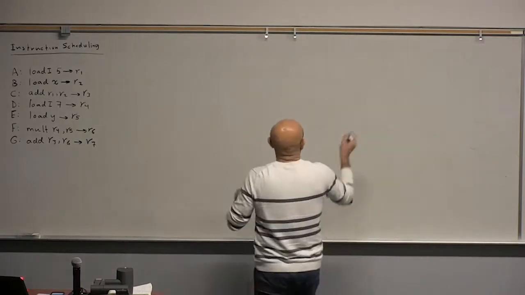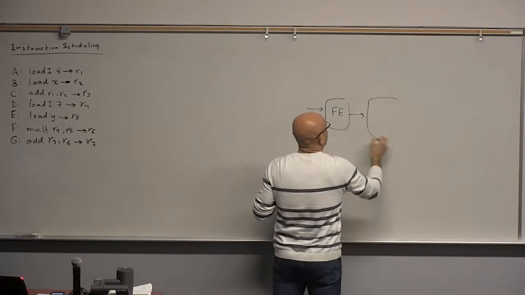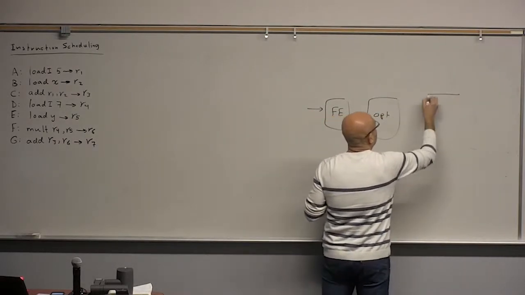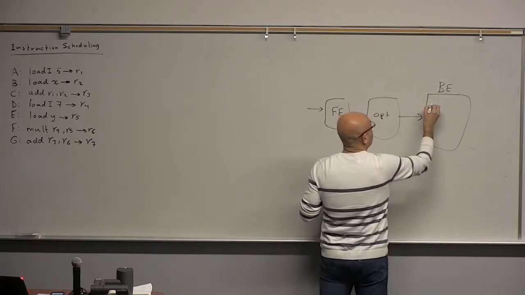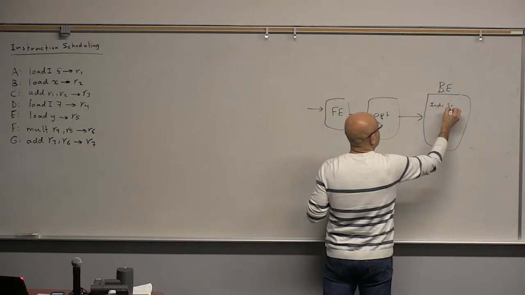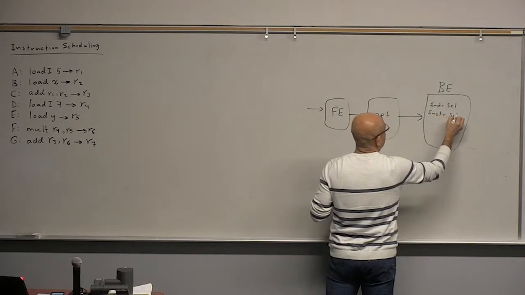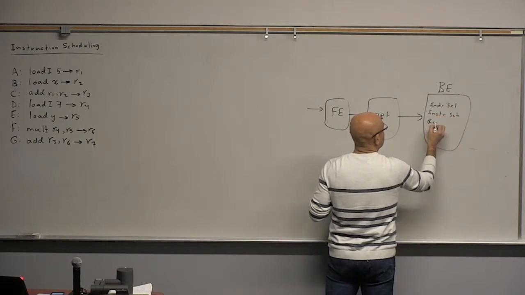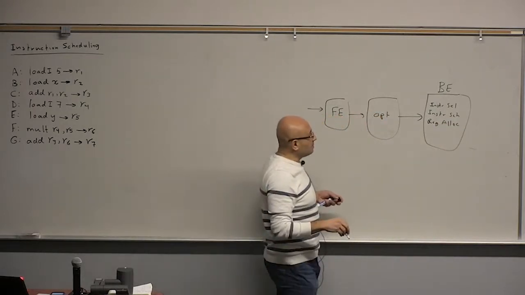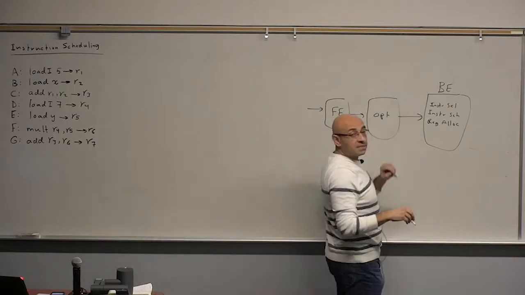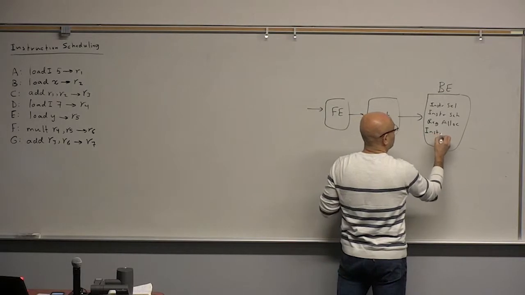So remember, in the earlier lectures, we had the front end, and we had the optimizer, and then we had the back end. And in the back end, we have instruction selection and instruction scheduling, register allocation, and in fact, it's typical for a compiler to have two instruction scheduling passes, one before register allocation and one after.